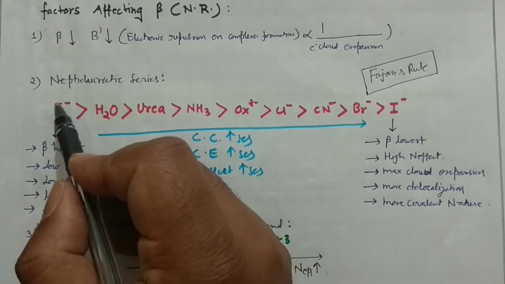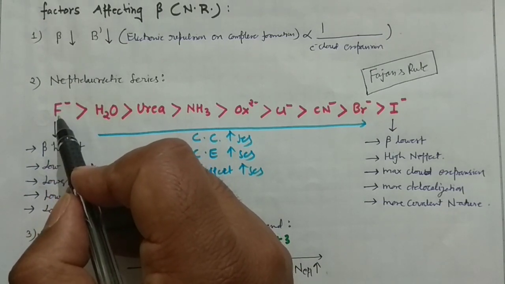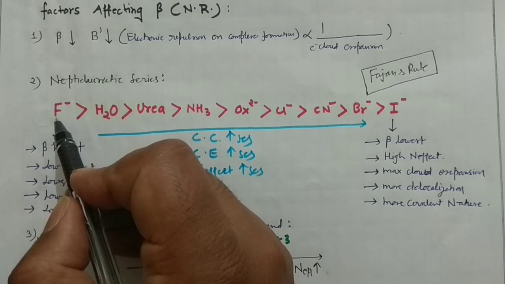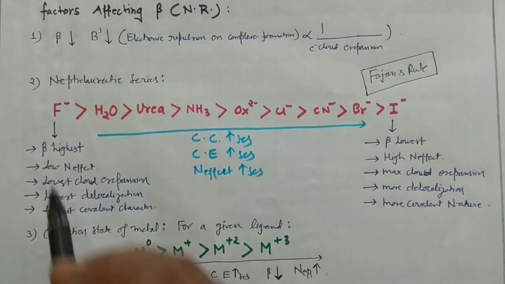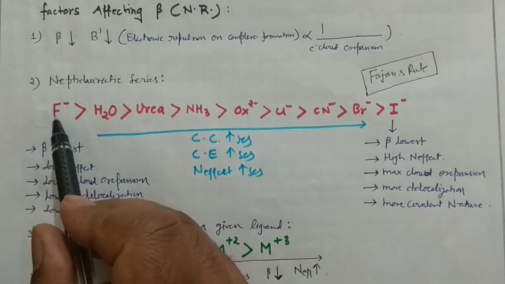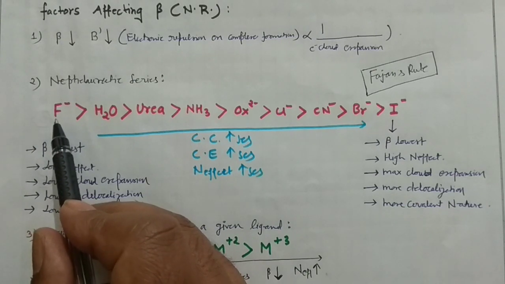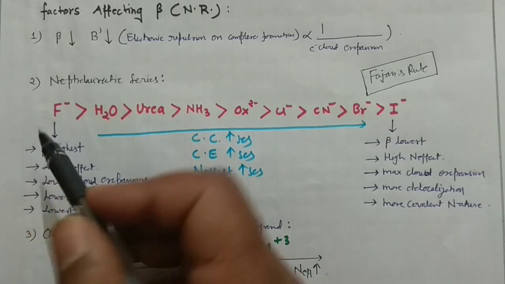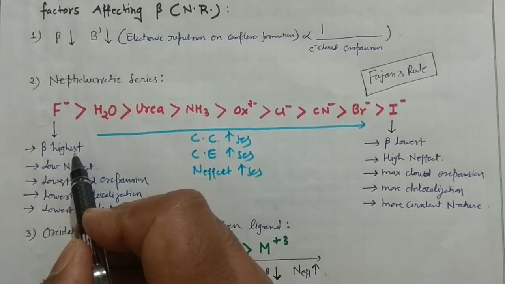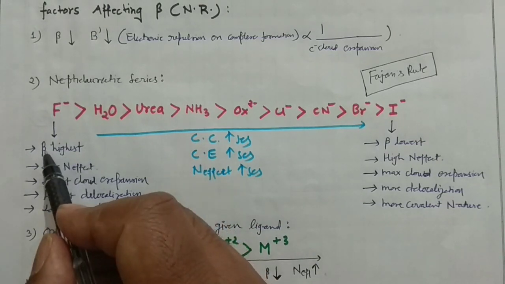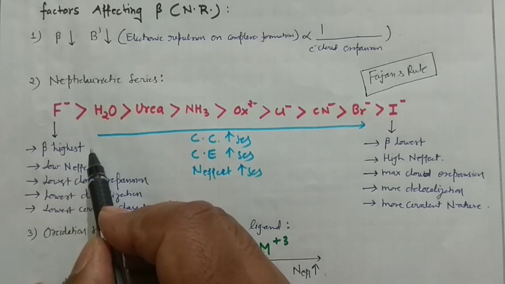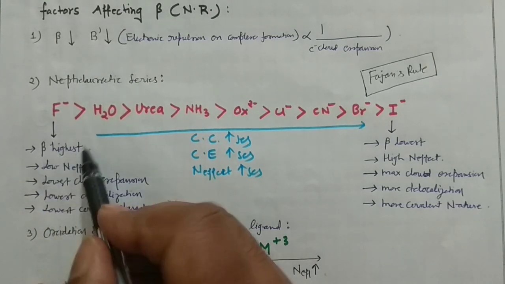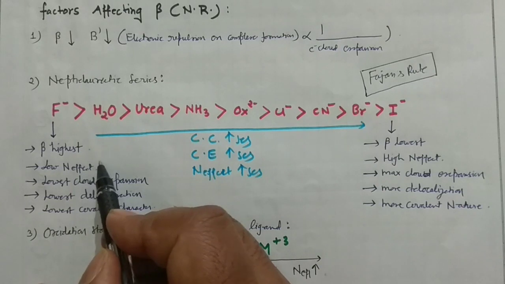And when covalent bond formation does not occur, that means the nephelauxetic effect would be low and your nephelauxetic ratio would be high in that case. So I have summarized the points here. You can see for F negative, due to the small size and high effective nuclear charge, the nephelauxetic ratio is quite high. And you know, the nephelauxetic ratio is inversely proportional to the nephelauxetic effect. When beta is high, that means this ratio is high, of course the nephelauxetic effect is low.